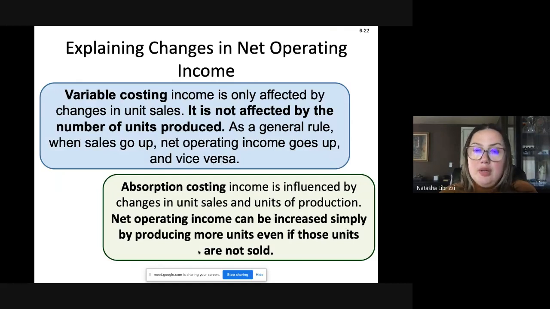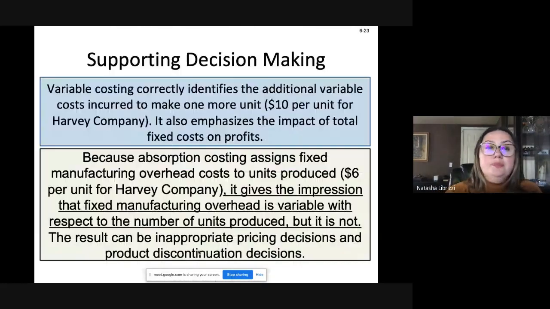Absorption costing, which we're used to from financial accounting, is influenced by changes in both units sold and units produced. Net operating income can be increased simply by producing more units, even if those units are not sold, because we're absorbing the cost, and the cost is part of that.